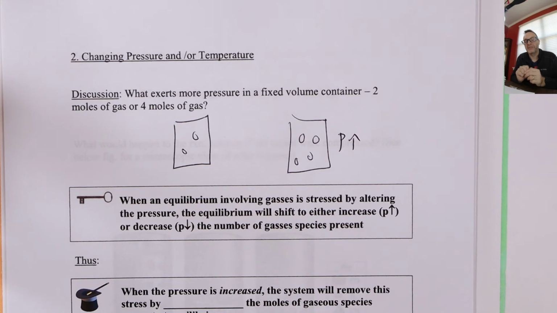If we make the container smaller, like an accordion, we squish what's inside, the pressure inside is going to go up. So the gas at that point is experiencing a higher pressure because it's in a smaller container. What's it going to do? It's going to reduce the pressure by turning into either reactants or products which have fewer gas particles.